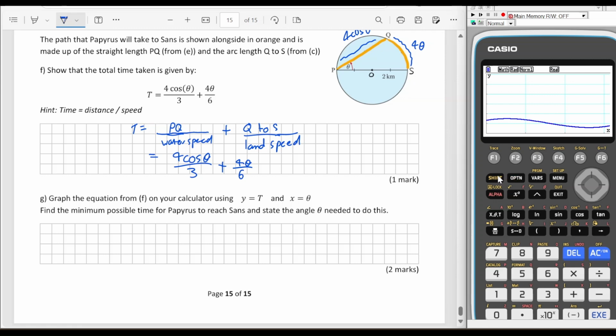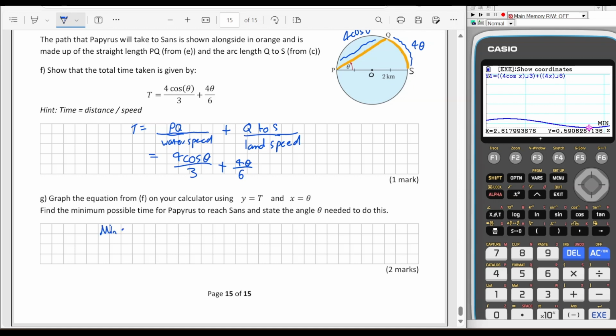So you can see there's like a little line here. So let's see. If we look for the minimum time, it's going to be, so shift G solve min. It's going to be over here, 2.617 and 0.590.